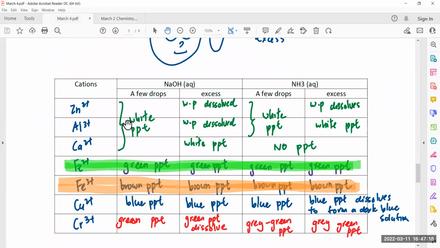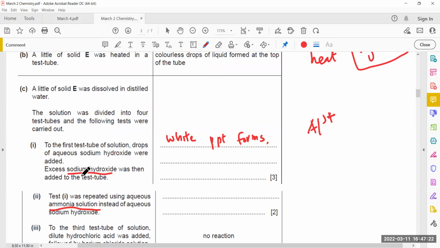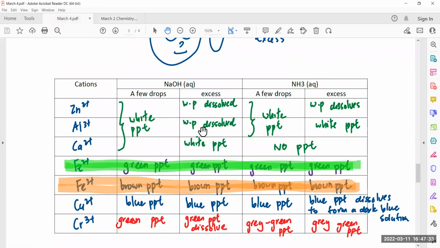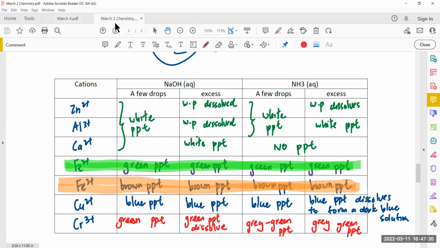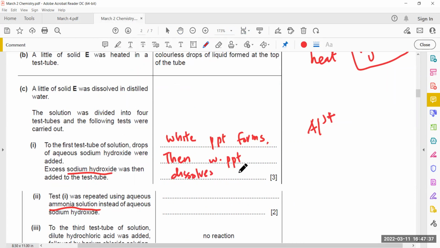And then in excess, then white precipitate dissolves. How do you know it dissolves? It's written here, white precipitate dissolves. So all you have to do is from one notes, move the answers to the next notes.